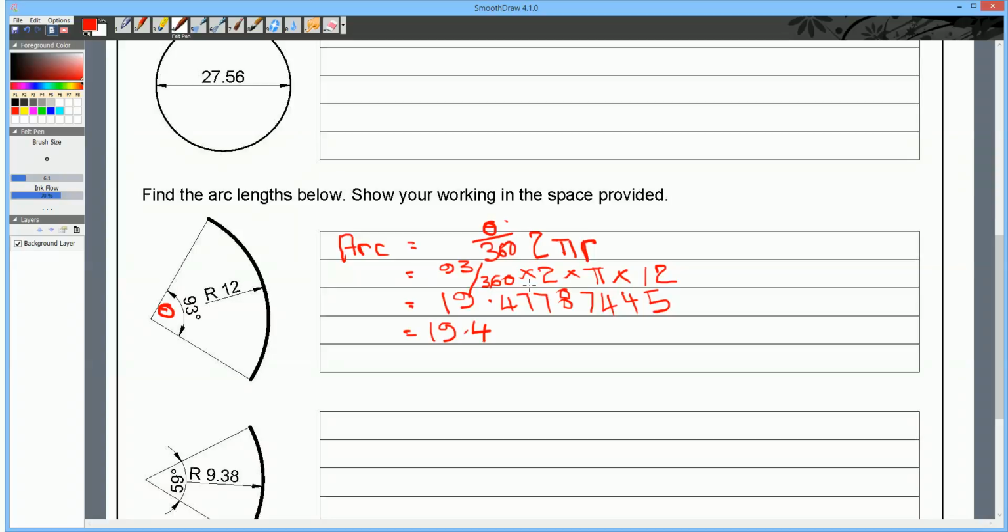The number after it is 7, so that's 5 or more, so it goes up to 19.48, and that's going to be 2 decimal places. Let's let people know what we've done, so there's no surprises. 2 decimal places, and I'll just put a little m there for meters. So there you go, that's that one done.